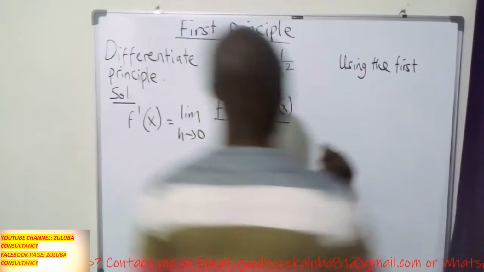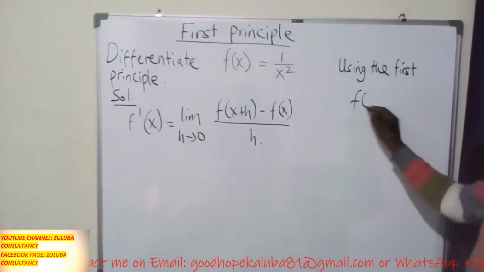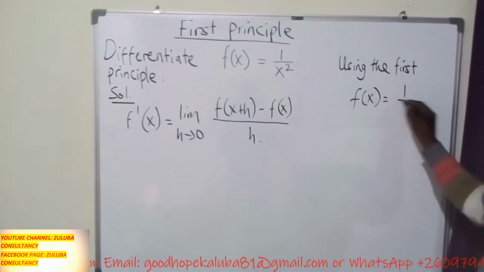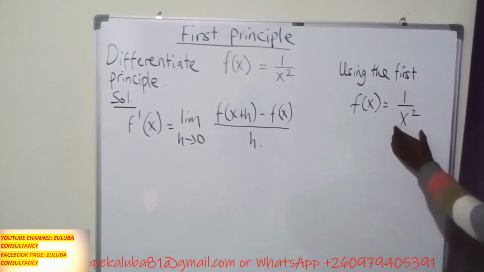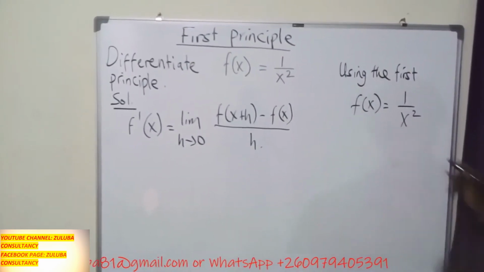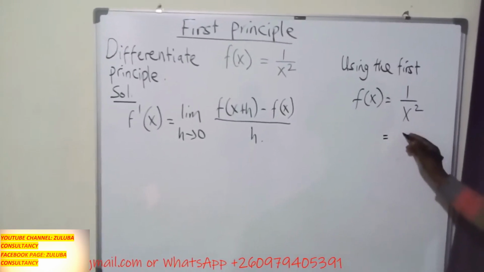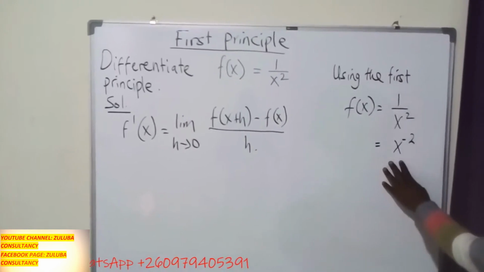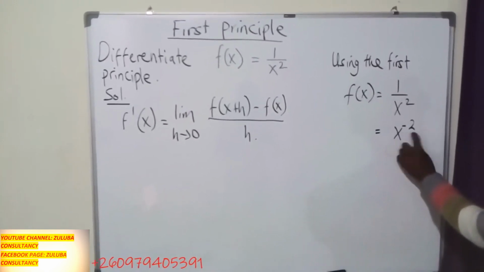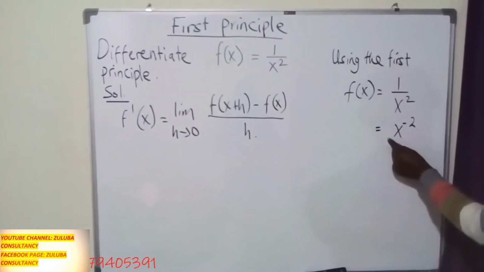The function that we are given is f of x equal to 1 over x squared. If I change this to the negative index, I'm going to have x to the power minus 2. Now, if we are using the general form, the power multiplies with the coefficient.